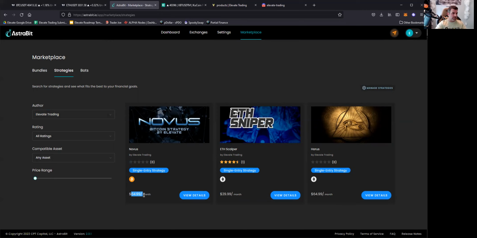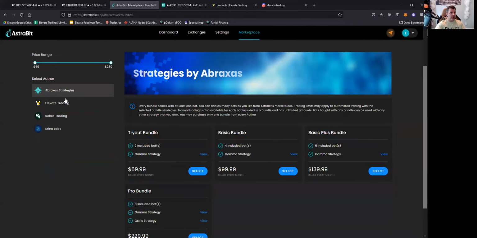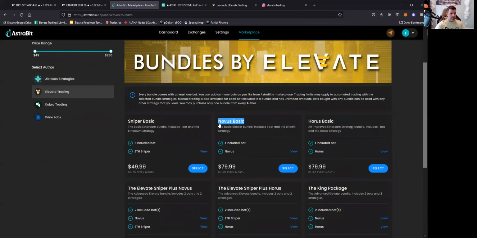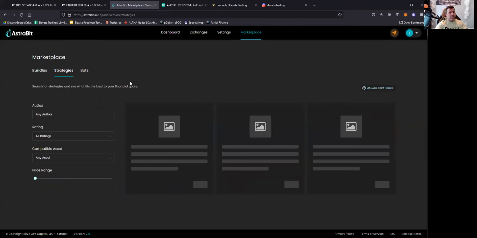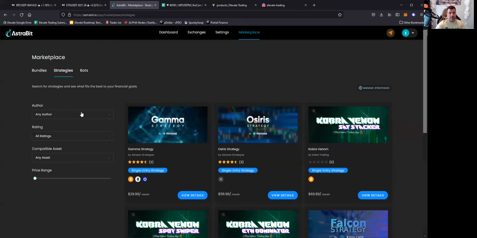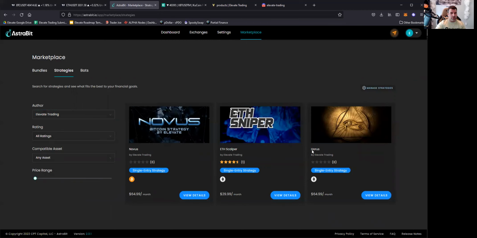So for example, Nova's strategy here by itself is $65 a month, but if you were to purchase that within the bundle, see, so now here's Nova's Basic, it's a little additional money because it's including that bot. Okay, so if you want to purchase the strategies separately, and again, you can purchase them from any author, you can do that simply from the strategies page.